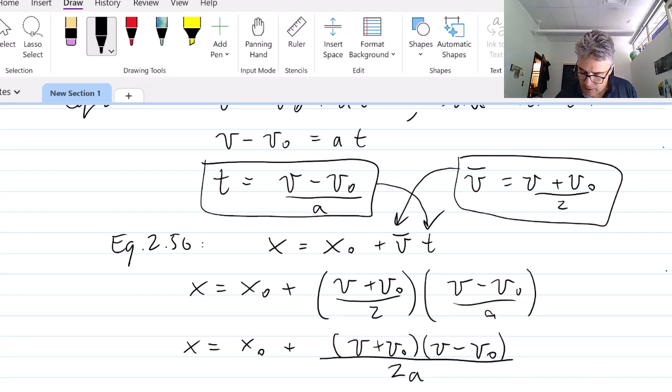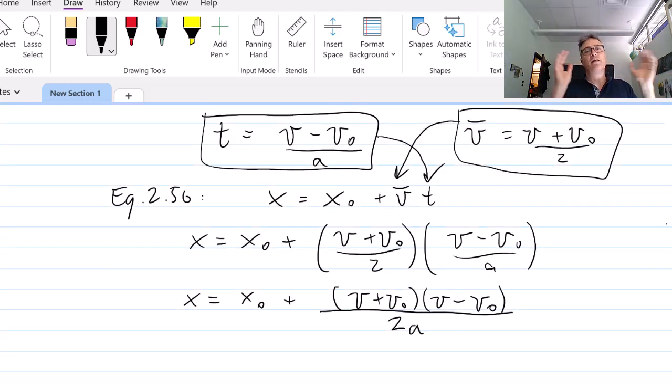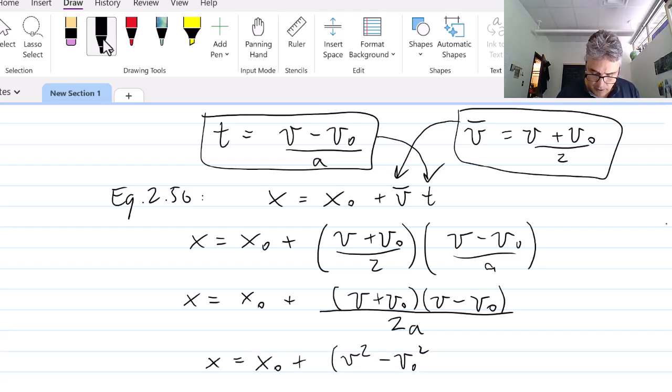So when you take a plus b multiplied by a minus b, you end up with a squared minus b squared. So x is equal to x0 plus v squared minus v0 squared all over 2a.